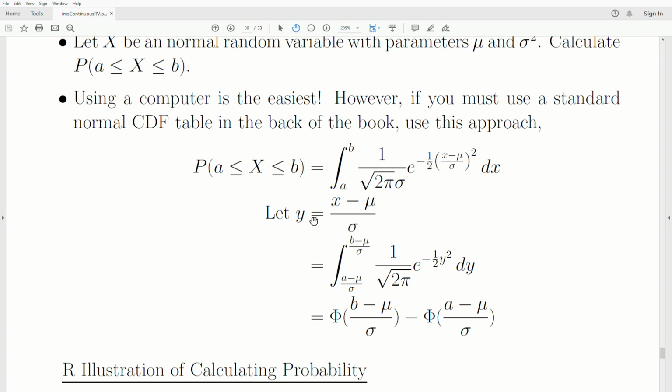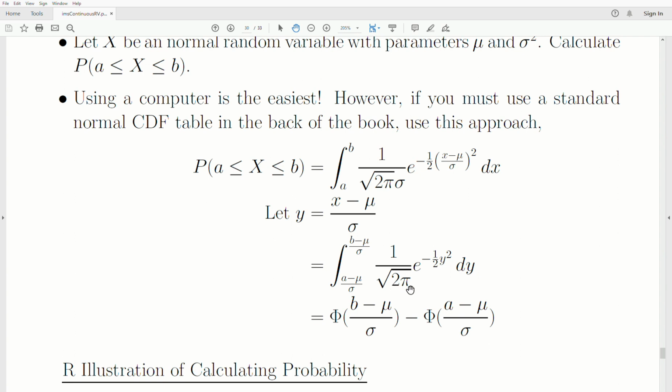The derivative of this is 1 over sigma, so dy is equal to dx over sigma. I'm going to let you do that step. But then we plug in y here, and this sigma and dx is dy.